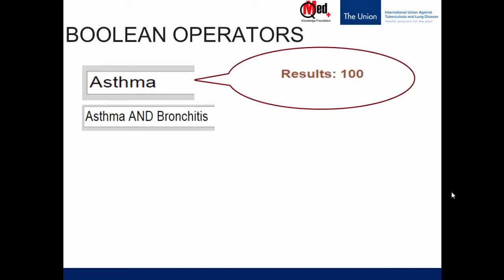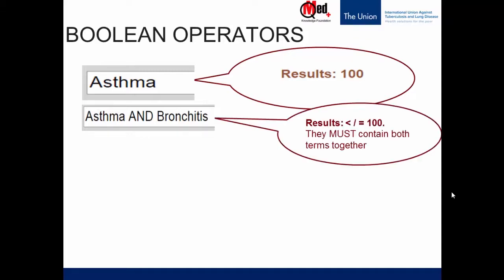Now, if I type asthma AND bronchitis, the results could be less than or equal to 100. Theoretically, the possibility of it being equal to 100 is rare because we are looking for results that contain asthma and bronchitis together. Not everybody who writes about asthma has to write about bronchitis.